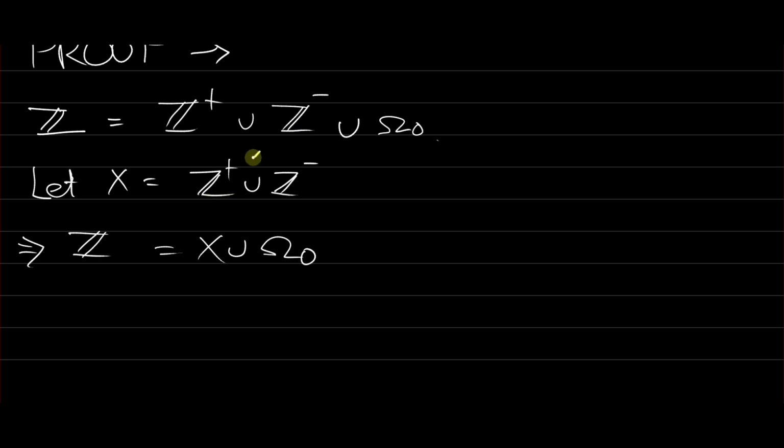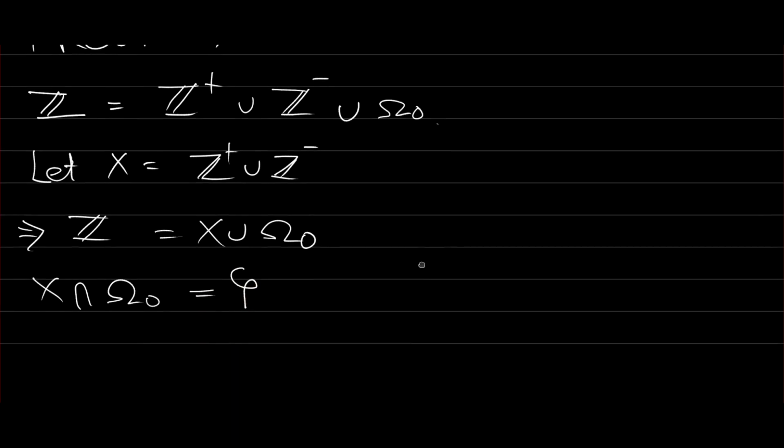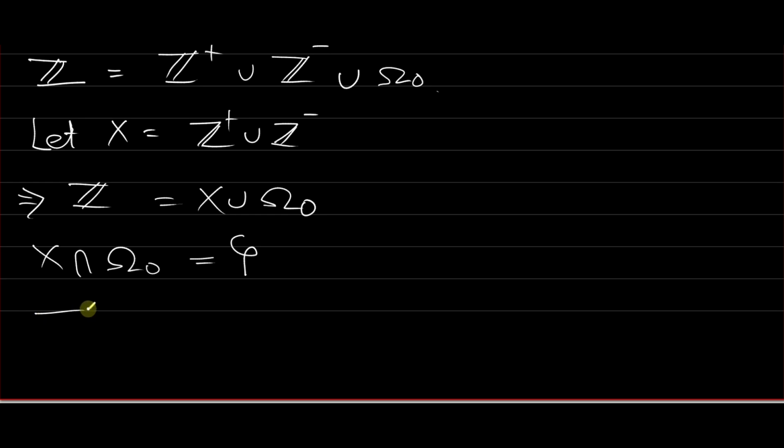And since we are uniting them, the union will also not contain 0. So X intersecting omega 0 is equal to an empty set. Great, now remember this.